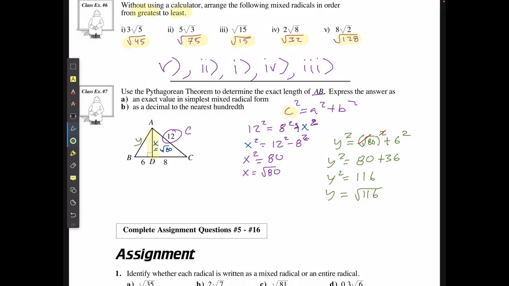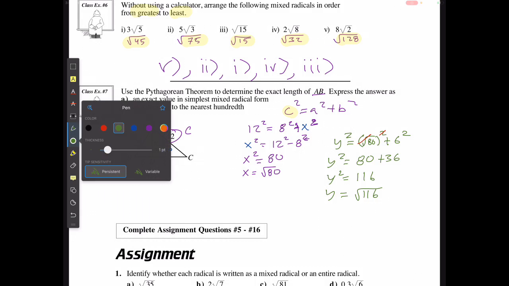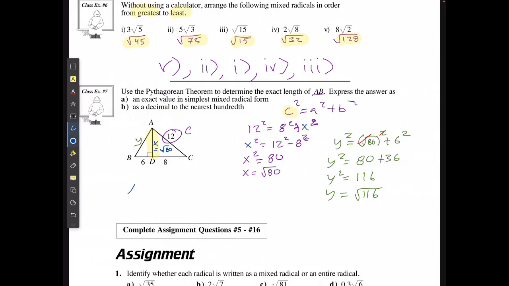Now it says that it wants it as a simplest mixed radical form, so it still wants us to simplify this. But we know that y is the same as AB, so I can say that the length of AB is equal to the square root of 116.